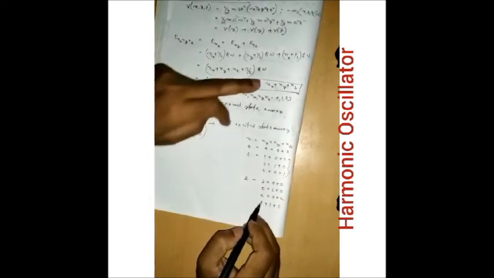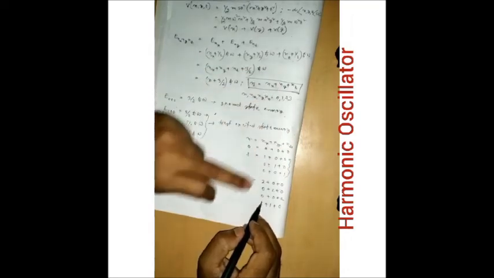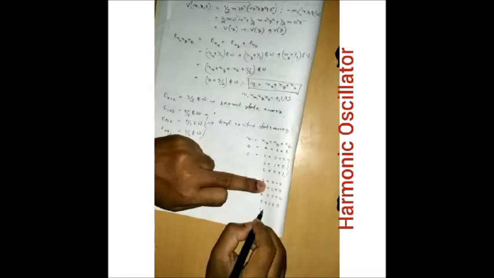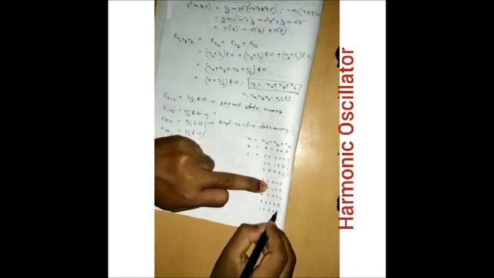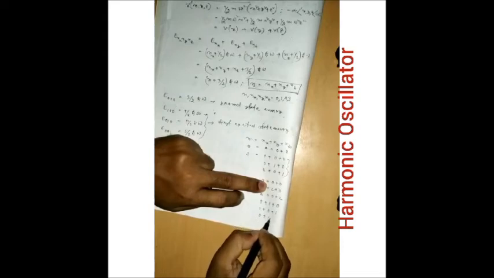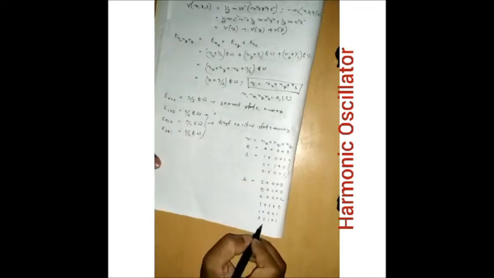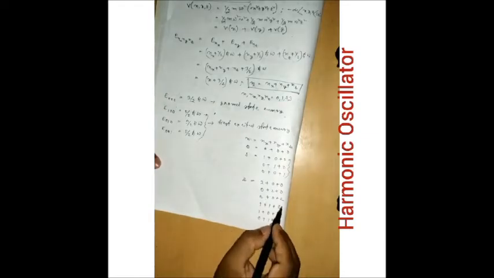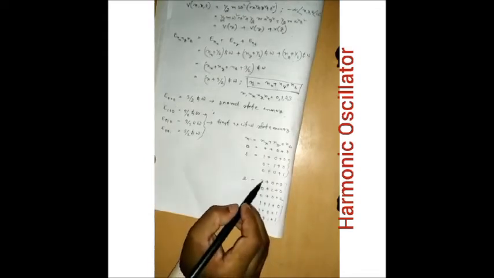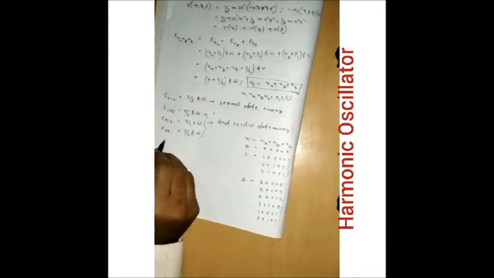That means nx and ny both values are 1, and nz equal to 0, and 1 plus 0 plus 1, or 0 plus 1 plus 1. So again these three combinations can happen. So for second excited state, in all cases the energy eigenvalues will be the same.